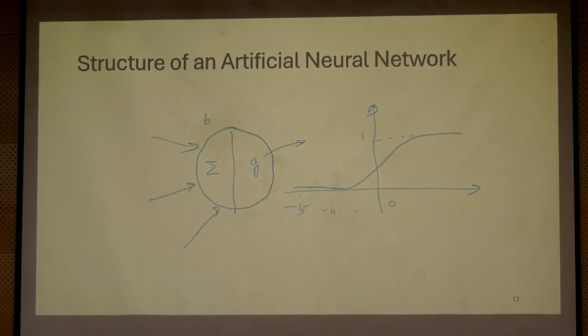And when the input is close to 0, the output will be somewhere between 0 and 1. So this function is called a sigmoid function, mathematically represented as 1 over 1 plus e to the power minus x, where x is the input going into the nonlinear component of the neurocell.